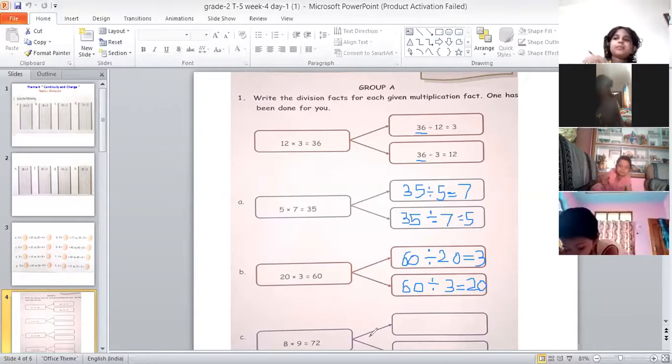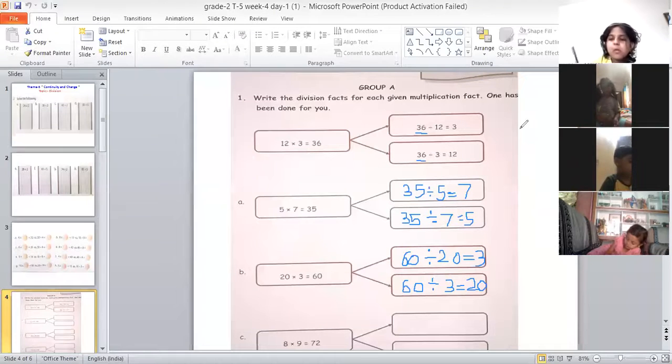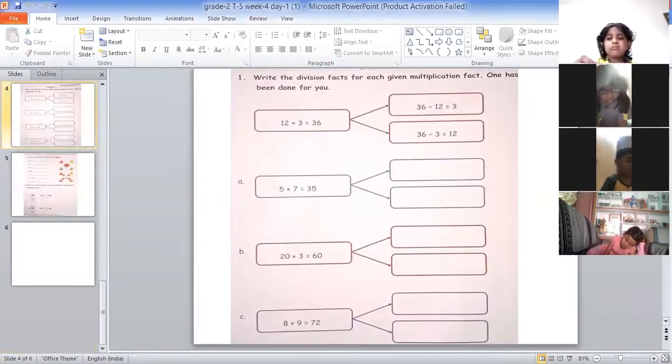Okay, children, I hope you all have done till here. So we'll complete the next 2 bits now. I'm clearing this. Okay, fine. Lohit, please read the next question. Bit C. Please unmute yourself, Lohit.